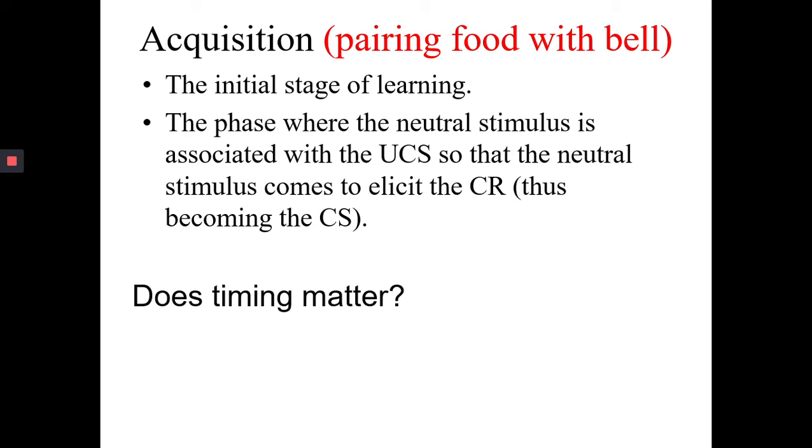If I knock on my desk and then I poke you in the back of your neck with a sharpened pencil, knock on the desk, poke you, knock on the desk, poke you, and then finally I knock on my desk and you flinch because you are learning, you are acquiring that connection, the pairing. So it's basically the first few times that Pavlov rang the bell.